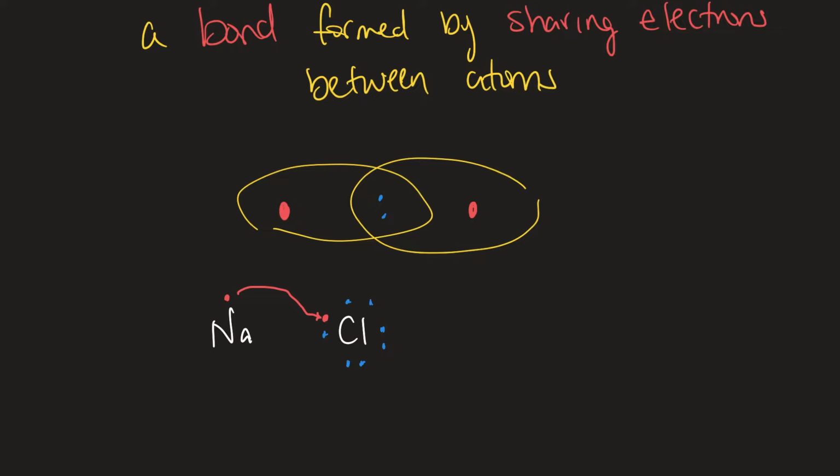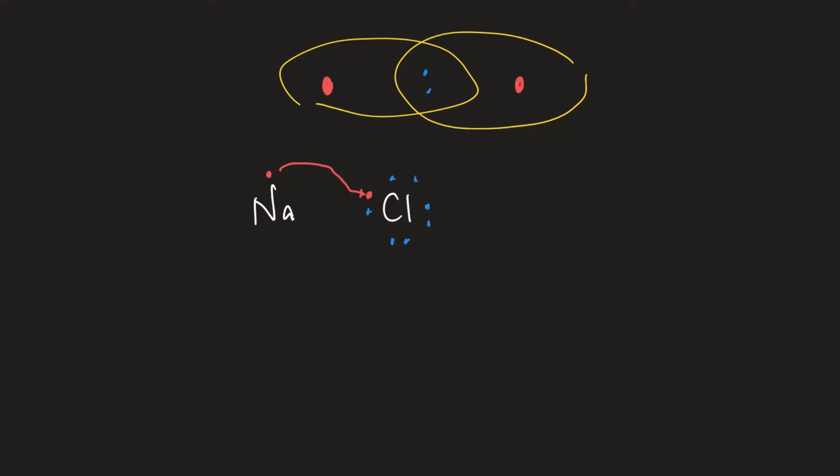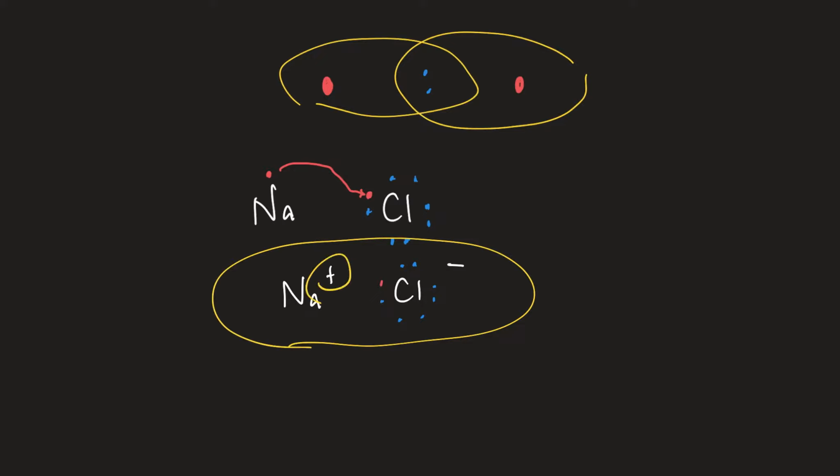And so now sodium has a positive charge, and chlorine has a negative charge. And so due to this, there is an attraction between the two because of the opposite charges. There are electrostatic attractions. That's essentially what it is. All right. And that's ionic compounds.